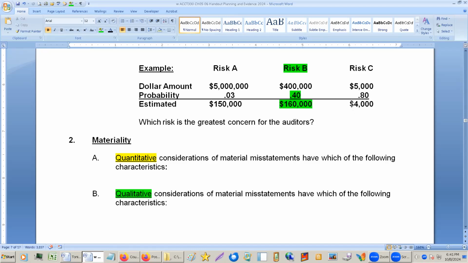Risk C is the one that is the most likely to happen, absolutely, but it's such a small dollar amount, especially compared to $5 million, that a $5,000 error, even if it's 100% off, is probably not going to be material. So whenever you look at risk, you're always looking at the dollar amount and the probability.